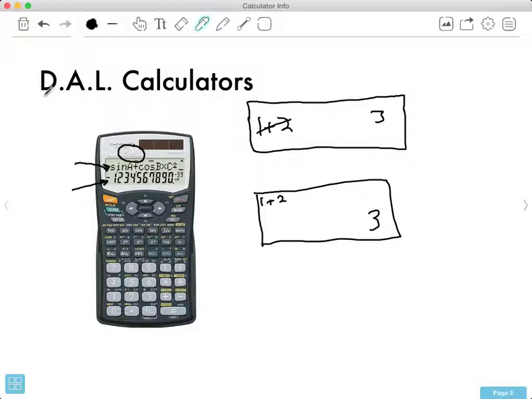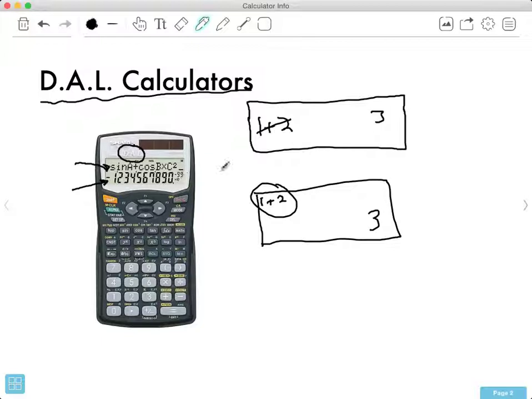DAL calculators tend to be more popular with students because you can see what you typed in. If you get a wrong answer when you're checking your answer key, it's fairly easy to go back and check what you typed in to see if you made a mistake in entering data into your calculator.